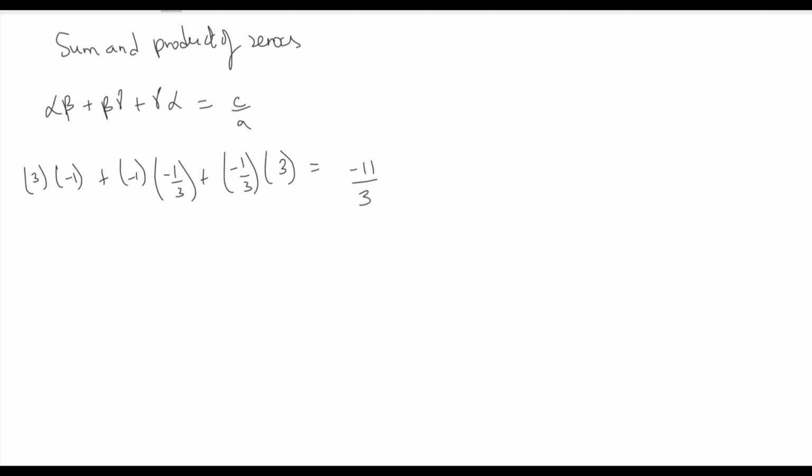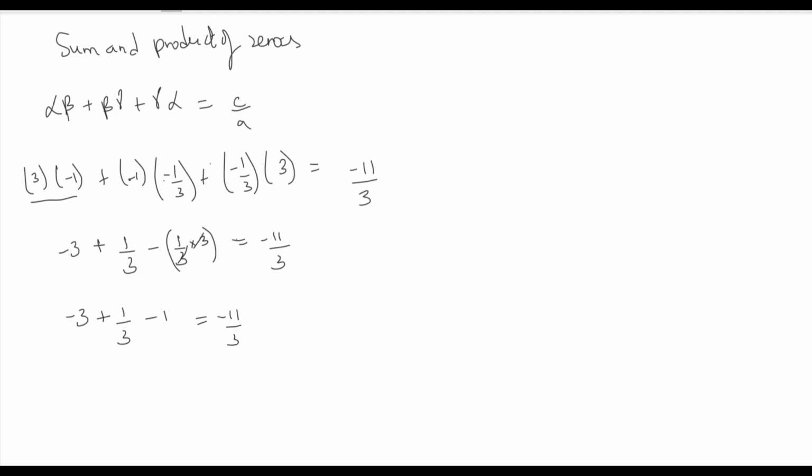Now let us solve. 3 into -1 will be -3. Minus into minus plus, so will be plus 1 by 3. Plus into minus will be minus 1 by 3 into 3, which is equal to minus 11 by 3. Minus 3 plus 1 by 3, 3 and 3 get cancelled, will be left with minus 1.